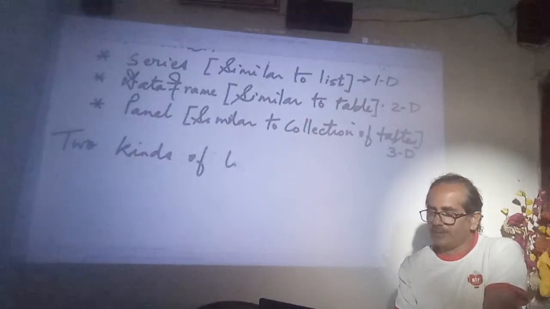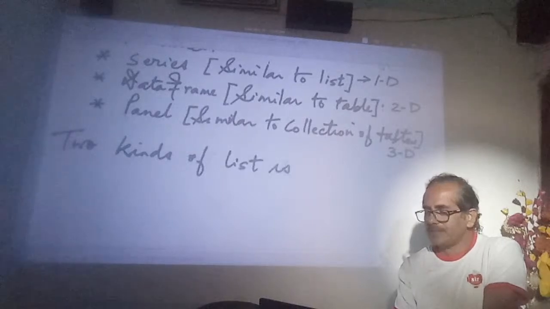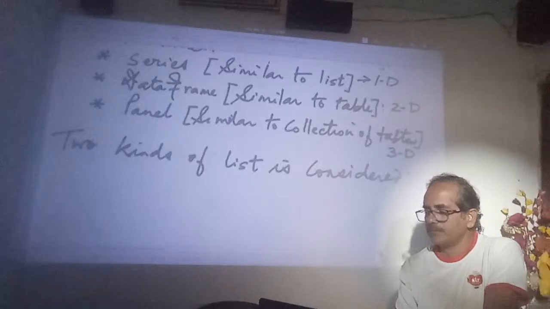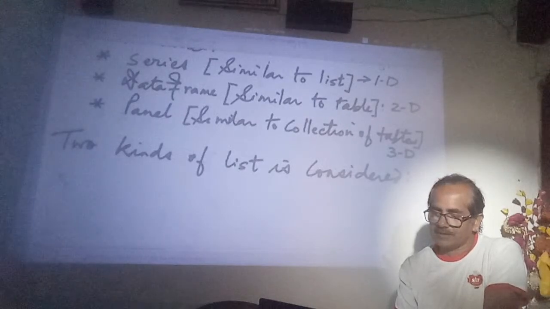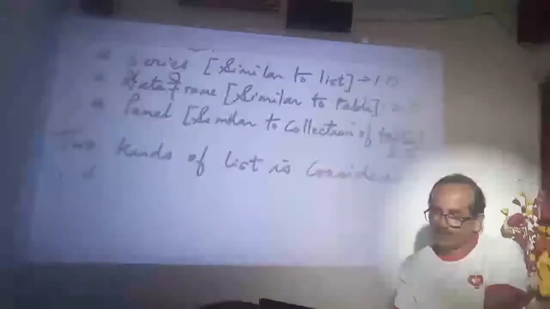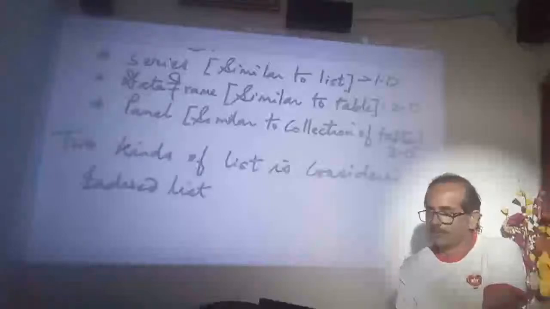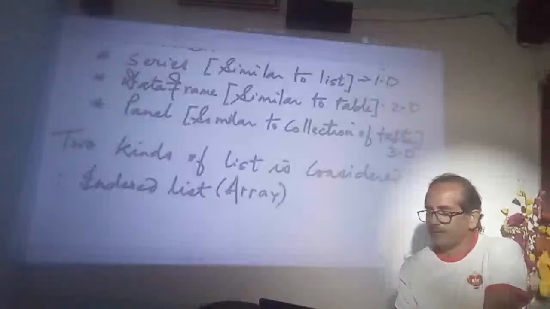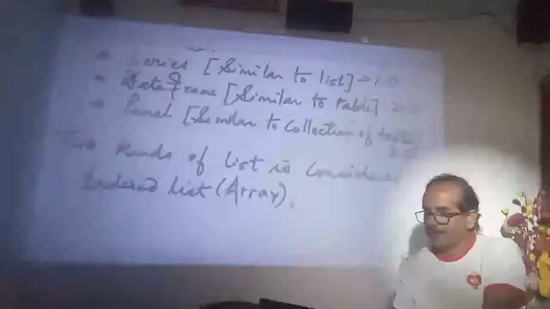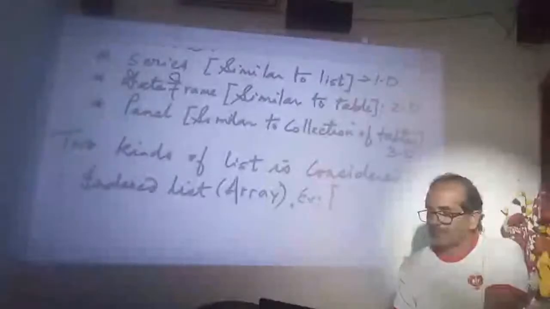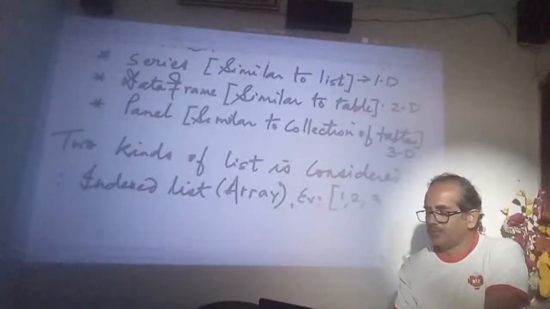Two kinds of list are considered. One is the indexed list. This is also called an array. An example is 1, 2, 3, 4, 5.